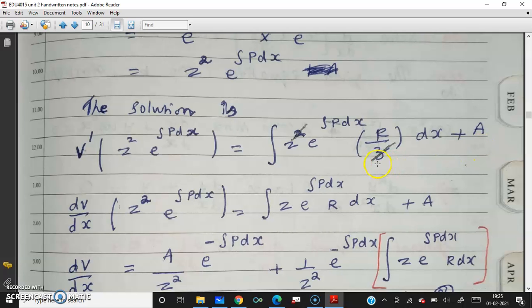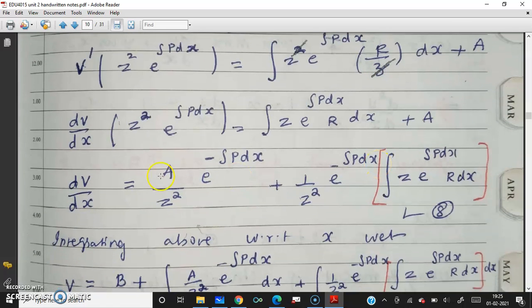This is the linear equation solution. So dv by dx into z square e to the power integral p dx equals an integral. Here z gets cancelled, so you are left with only z e to the power integral p dx r dx plus a. So you will get dv by dx equal to, if you divide by z square e to the power integral p dx on both sides, a by z square e to the power minus integral p dx.